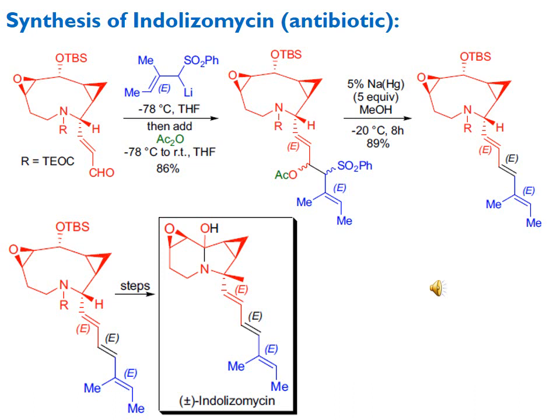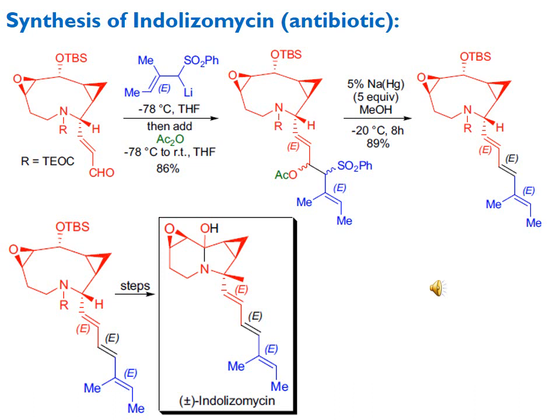Here is another antibiotic drug, Indolizomycin, which uses this reaction during its synthesis. In the first step, you can see there is an aldehyde group at the bottom of the molecule, which is treated with an alkene sulfone, already bearing a double bond, and after the reaction of both we get this acyloxy intermediate.